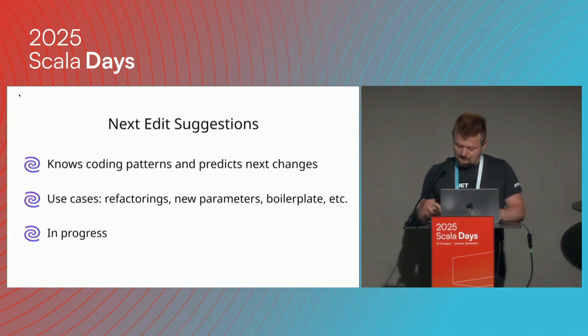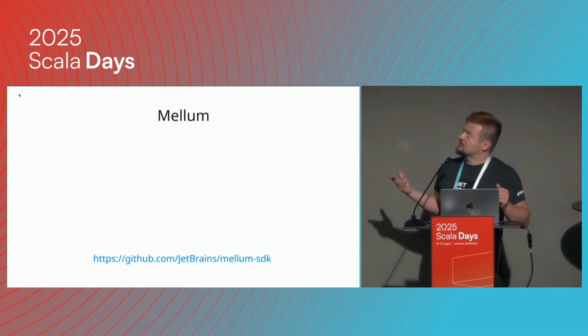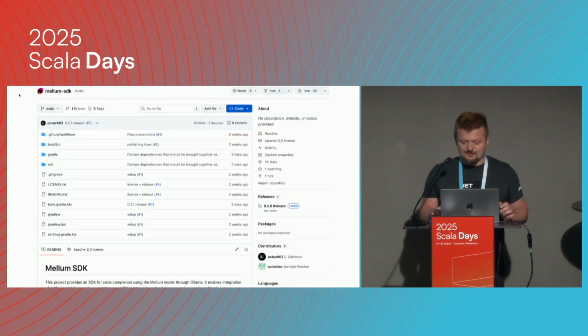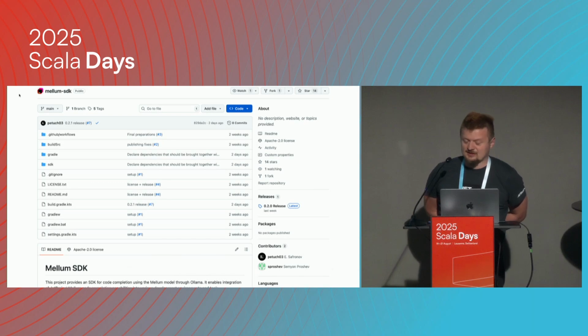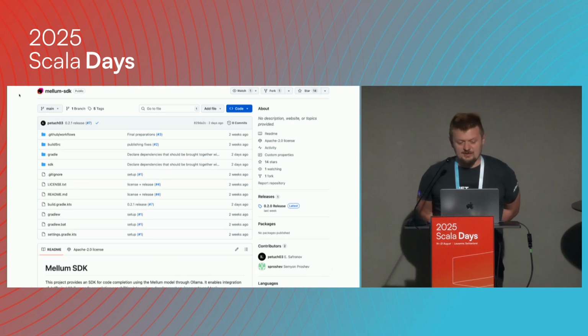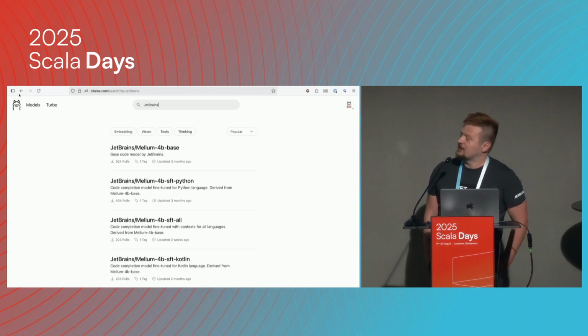So one more thing I wanted to say is Mellum. Mellum is the large language model that is behind code completions. It's completely open source now. You can find it at the GitHub repo Mellum SDK. It's also available as a model on Ollama and on Hugging Face.